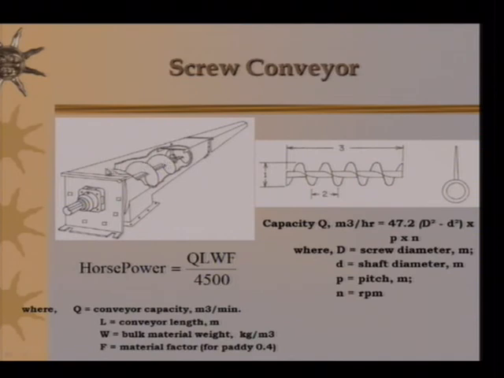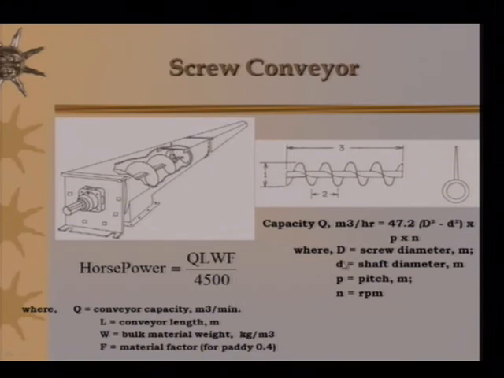Then all this assembly is housed in a trough, and it has a feed chute here and a discharge one. This is the main shaft, and the flights are arranged over it. Distance between the two flights is known as pitch, and total length is known as L, whereas the diameter is known as diameter of the flight, which is given here.